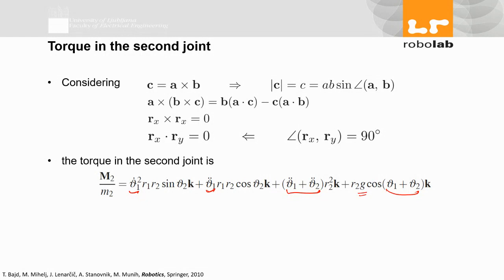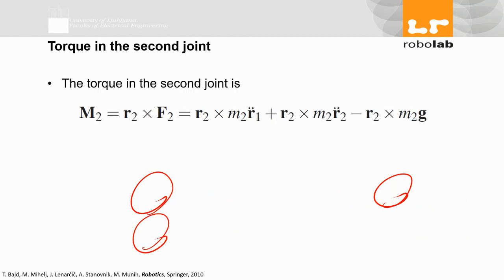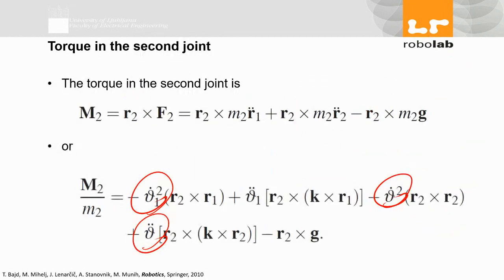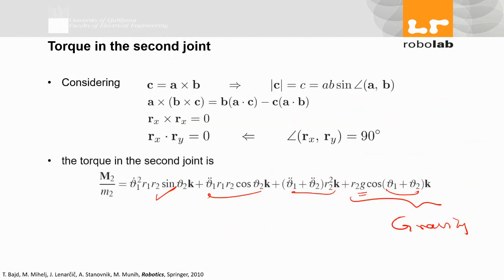Relate that to the gravity. So this one is for gravity. This one is for inertial. This one is for inertial coupling, these two, and this one is for the other component we had, which was centrifugal, movement of the robot arm.